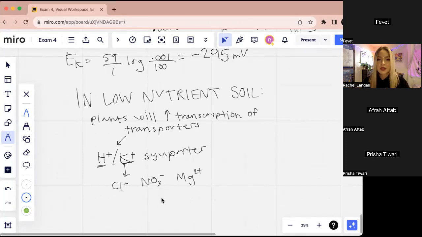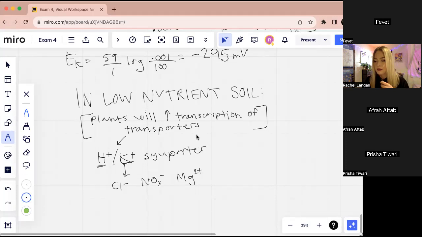And the other thing you should know is this little regulatory mechanism that plants use in response to low nutrient soil isn't one directional. So if there's low nutrients, plants will increase transcription. If there's high nutrients, they can also decrease transcription. So they will respond with the opposite thing of whatever's going on, if that makes sense.